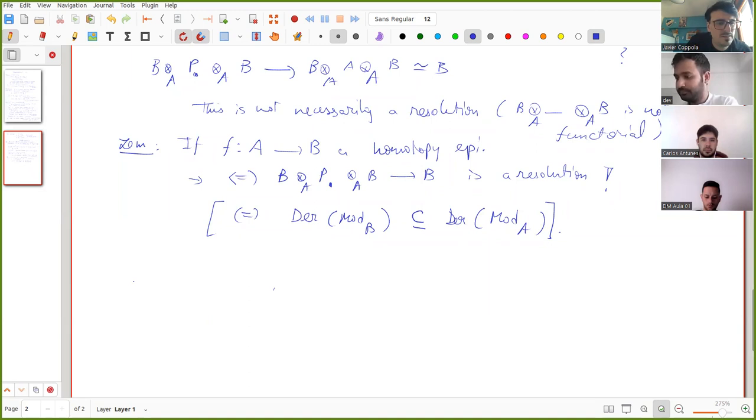Excuse me, can I ask a question? Is it possible to see that as a tensor over the enveloping algebra with the enveloping algebra of B, or maybe is this a different thing? No, it's the same thing.